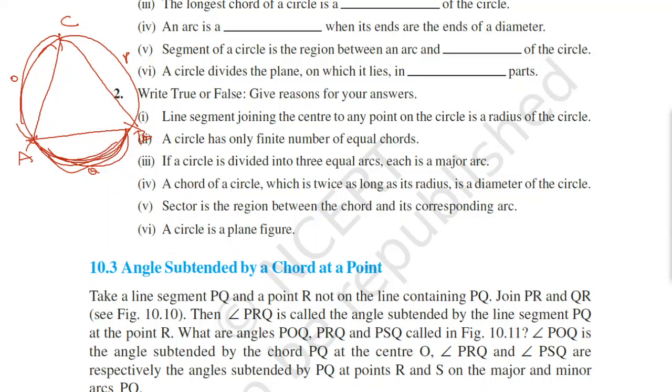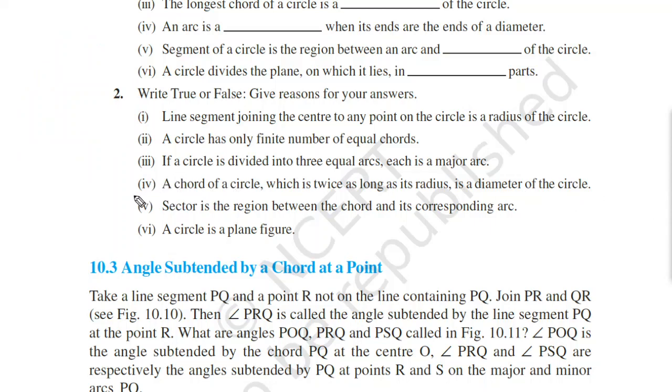Now we'll move to IV. A chord of a circle which is twice as long as its radius is a diameter of the circle. So we'll draw a circle here. It's not looking like a circle. Again.